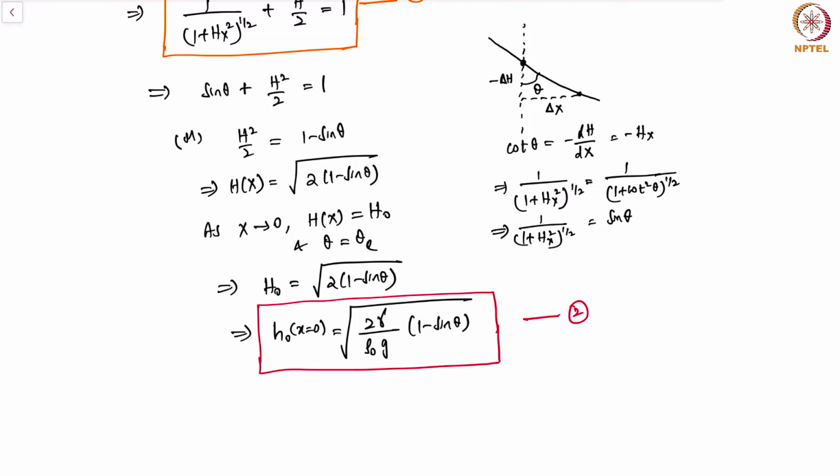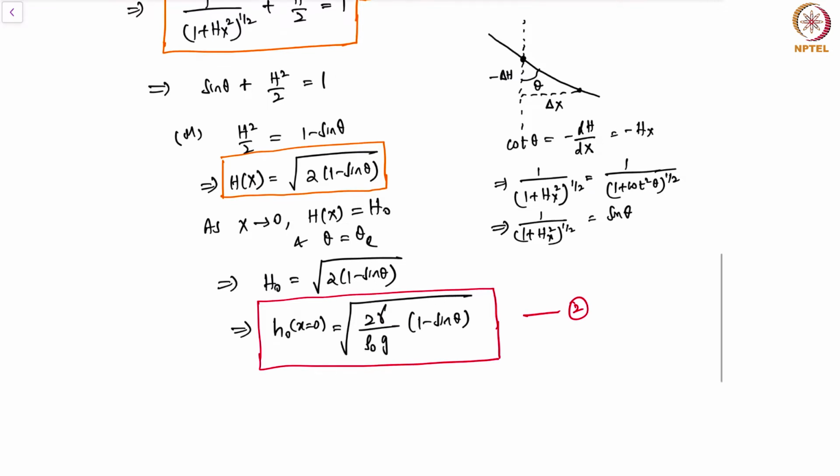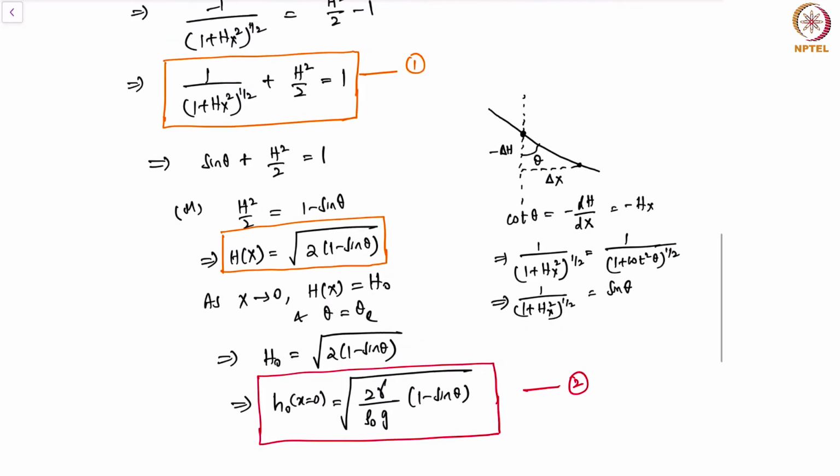This equation that I'm highlighting is also the shape of the meniscus, because it tells me what is the height at any given x as a function of angle. So you can think of this as height versus angle coordinates. Now we can also integrate this equation. Which equation? Equation number 1.